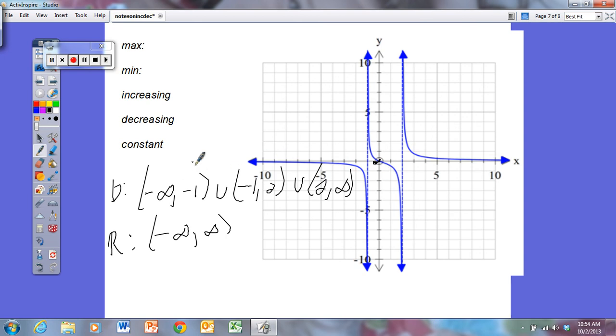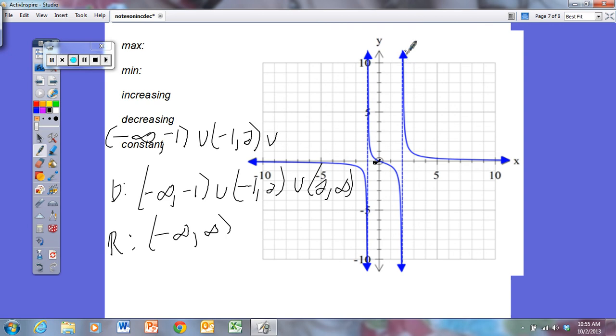So again, we're going to start at negative infinity. And as my x gets bigger, my y is getting smaller and smaller and smaller and smaller. So it's decreasing from negative infinity to negative 1. Then I pop up here and I'm decreasing again from negative 1 to 2.